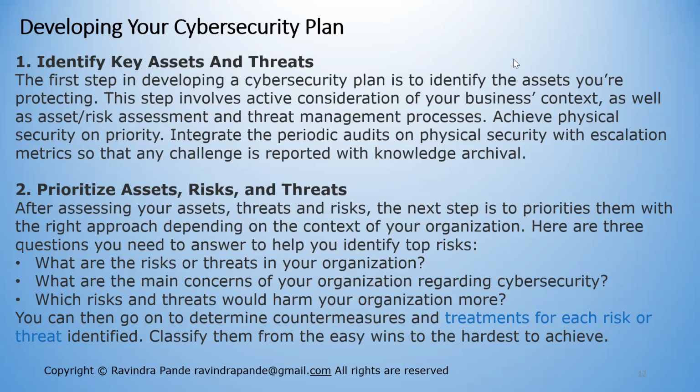Then at a second go, we might address some critical threats which are more prominent and can occur with higher probability. The first step in developing a cybersecurity plan is to identify the assets you are protecting. This step involves active consideration of your business context, as well as asset and risk assessment and threat management processes.